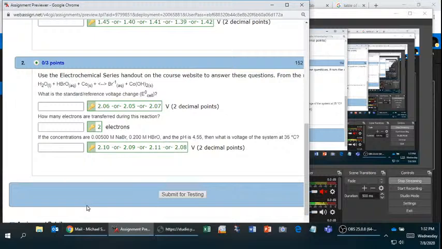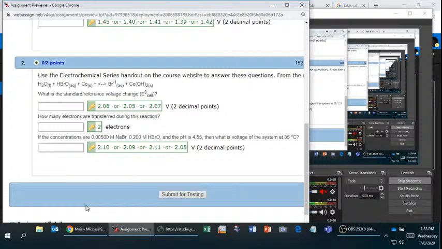So we've got water. Well, it looks like hypobromic acid plus cobalt goes to bromide and cobalt hydroxide. And you're being asked three things here.